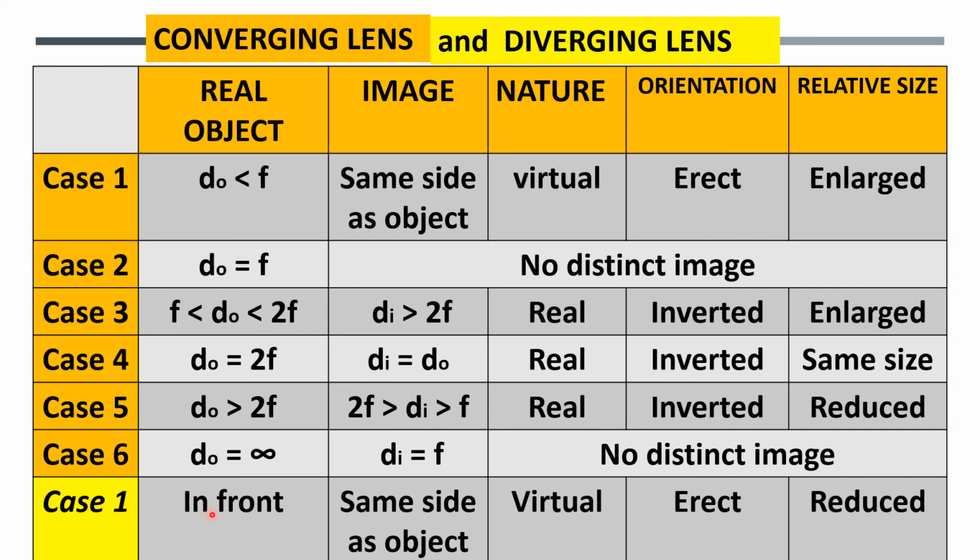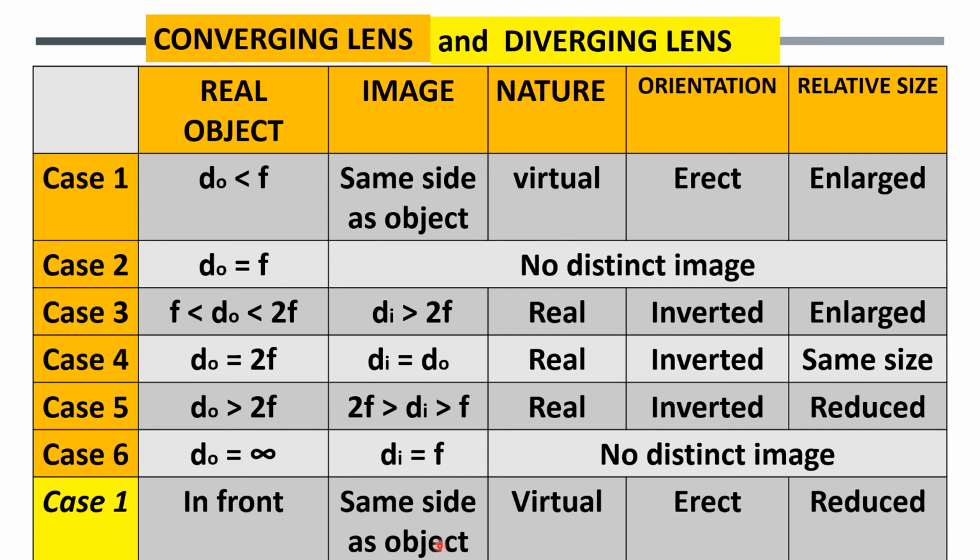In that problem number 1, we have the object located at a finite distance in front of the lens, meaning to the left of the lens. And what did we get as a result in computing for the image? We found out that the image was formed also on the same side as the object.